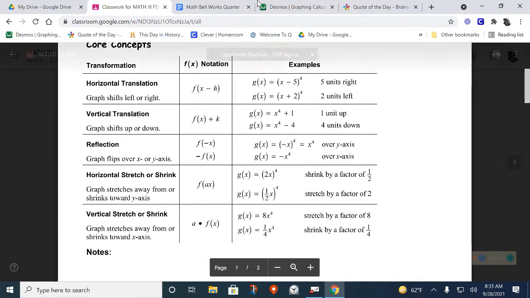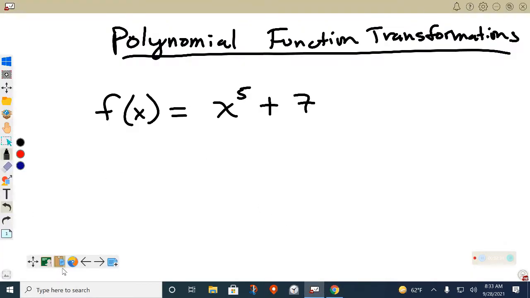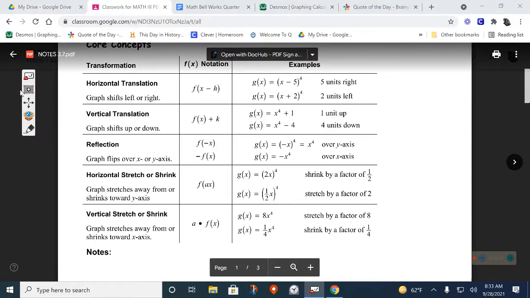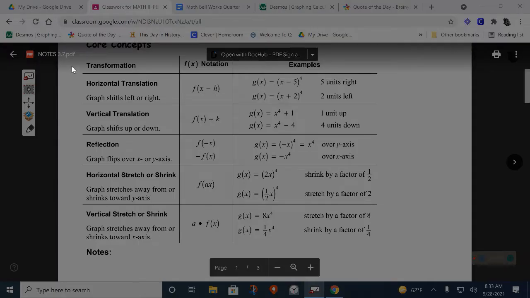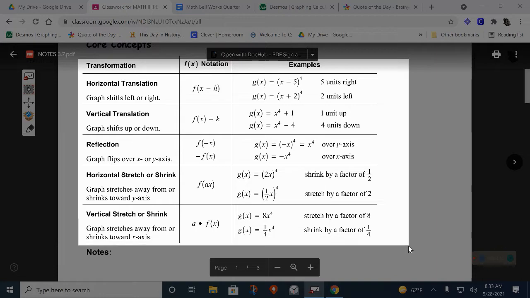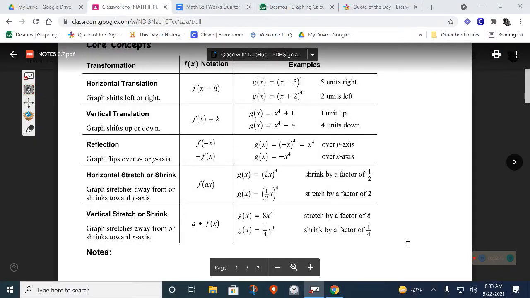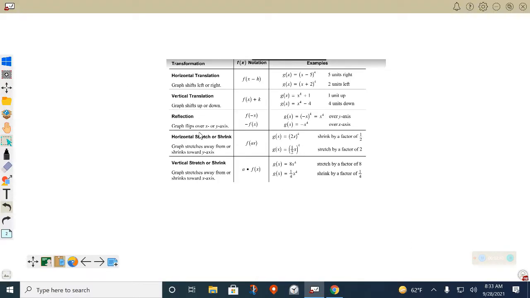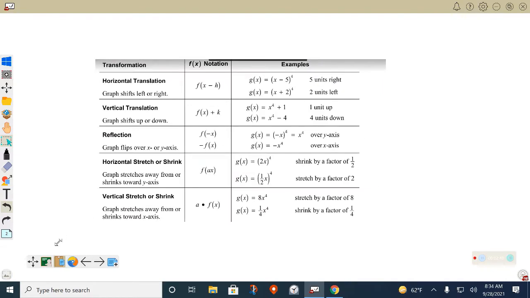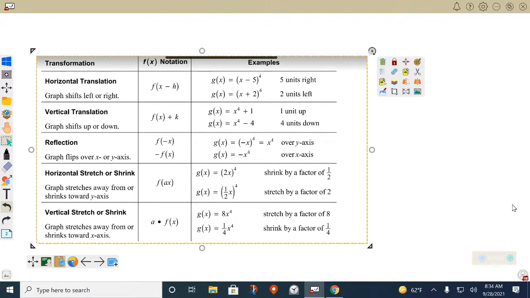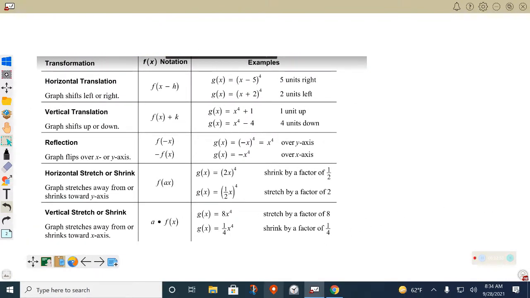Let me copy and paste this to my presentation slide. We know this stuff here. This is all familiar territory. We just had a quiz on this last Friday, and now we're just going to apply all this to polynomial functions. That's it.